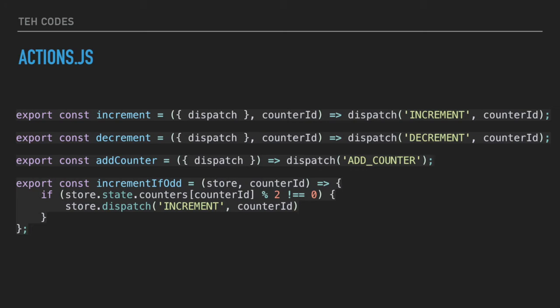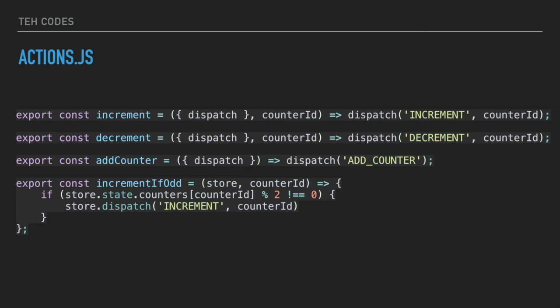Actions.js. This is the whole file. In the current Vuex documentation, it recommends having them in a separate file and exporting each action as a constant. So the action takes the store as its first argument, as opposed to the state.